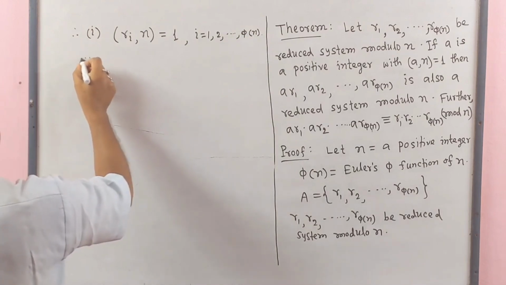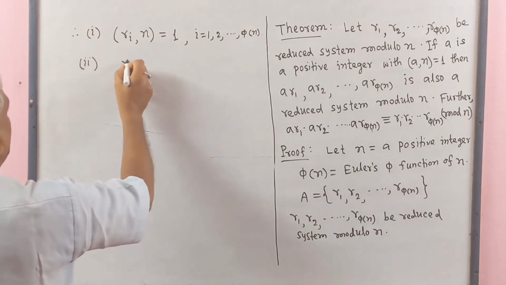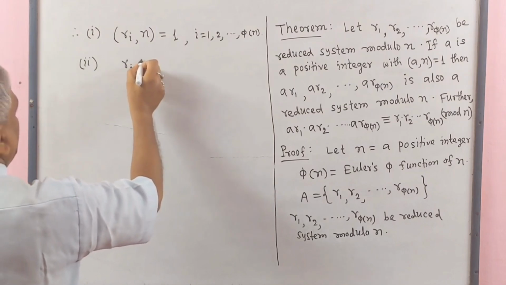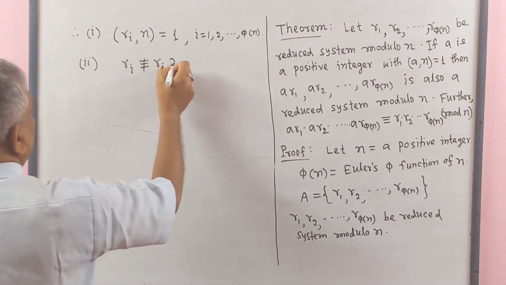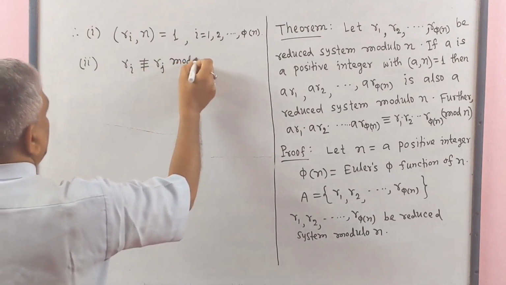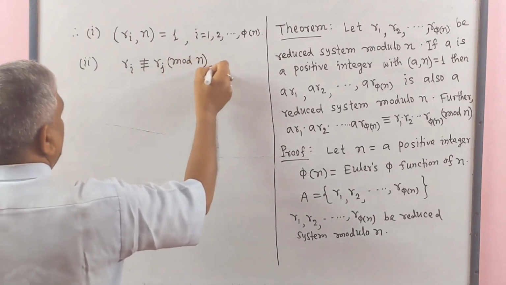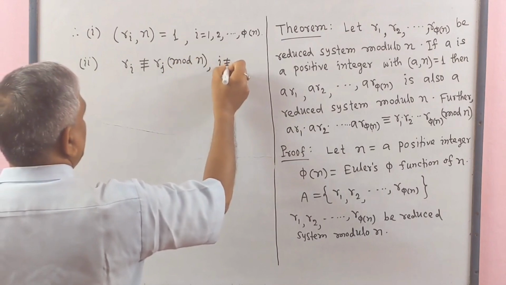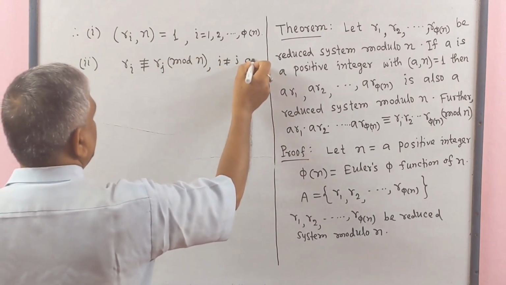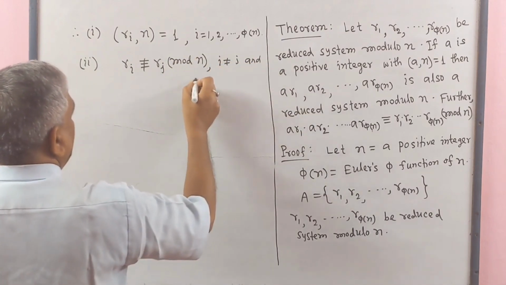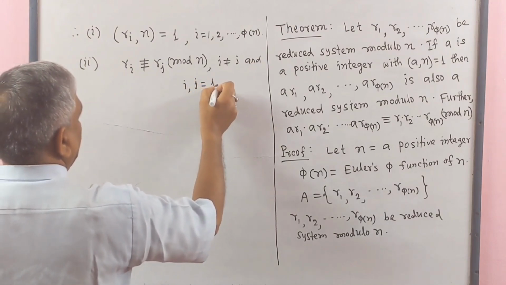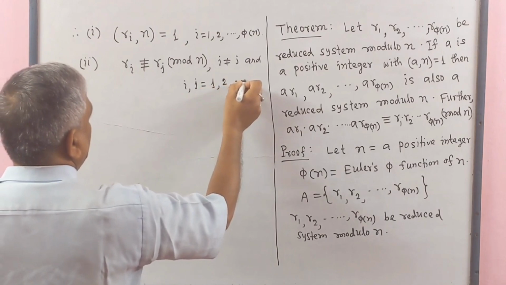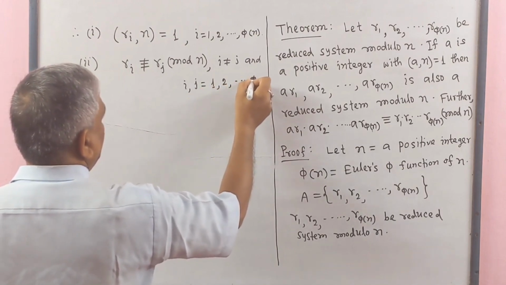Number 2, Ri is not congruent to Rj modulo n, i not equal to j, and i, j equal to 1, 2, ..., phi n.